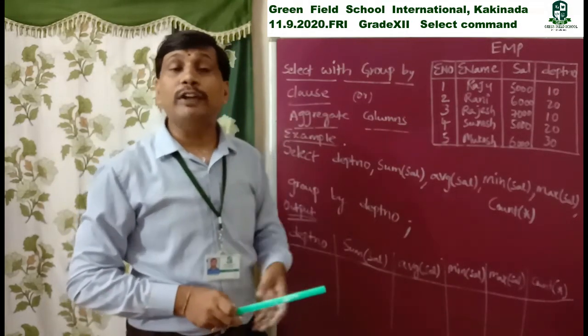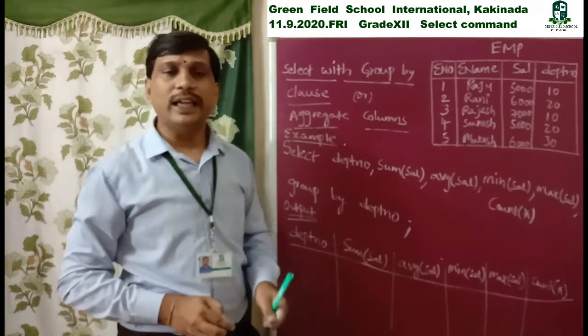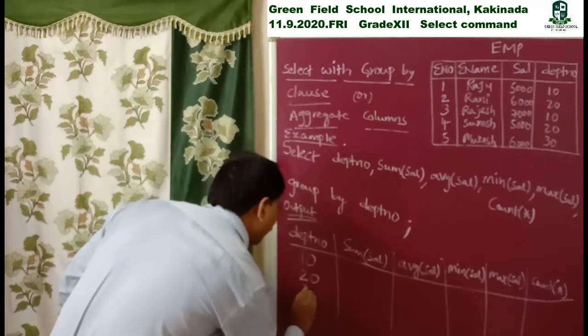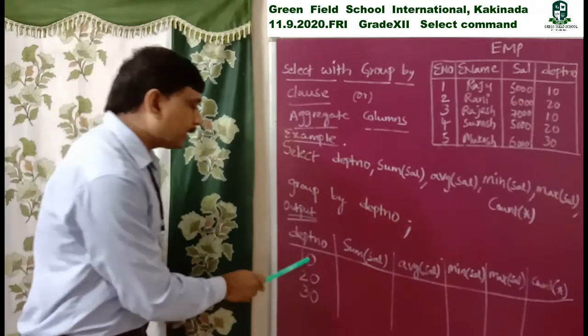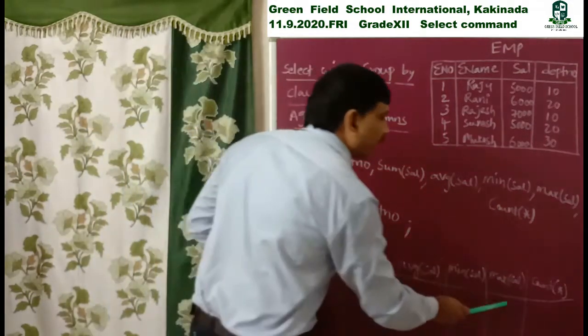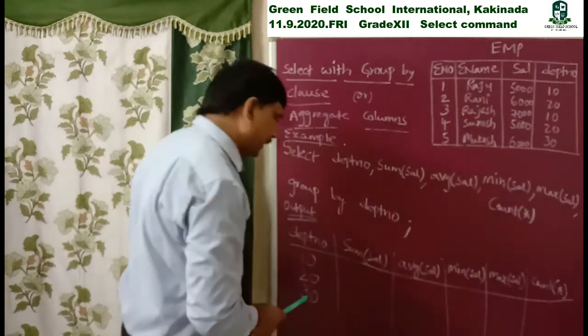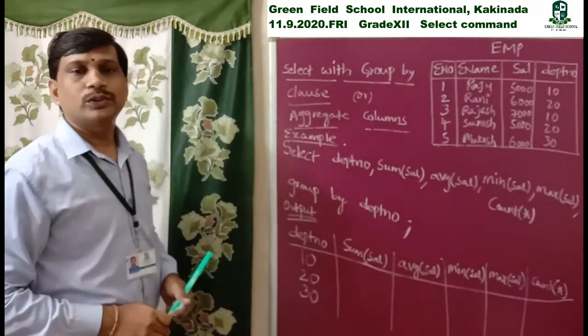Observe here, 10th department, 20th department, 30th department. Then we calculate all these values for the 10th department, for the 20th department, and for the 30th department.